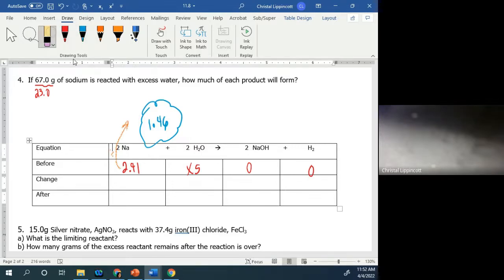And then I'm going to come down out of the cloud. To come down out of the cloud, I reverse the operation. So I divided to get there. Now I'm going to multiply. Remember, I'm subtracting from my reactants and adding to my products.